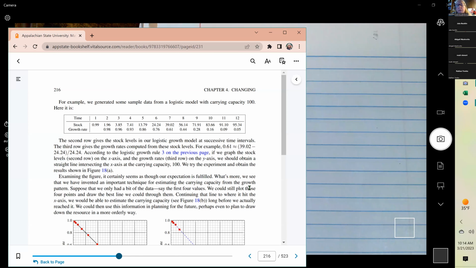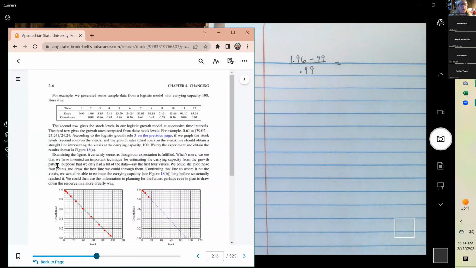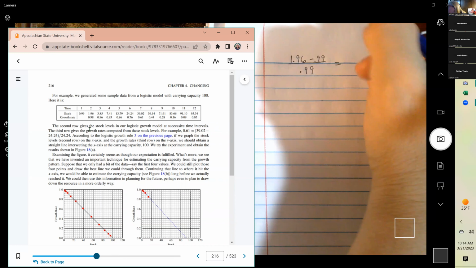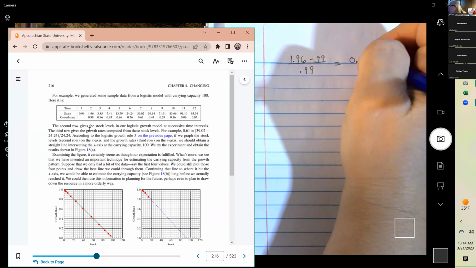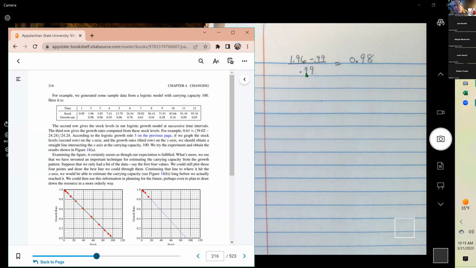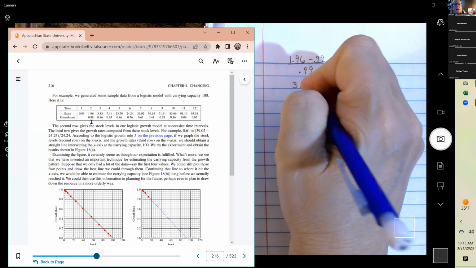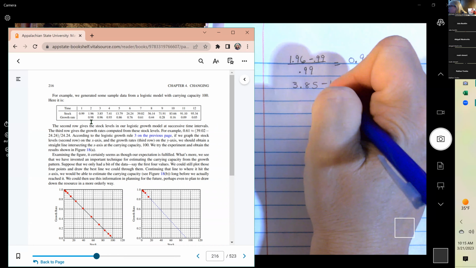That would get us the 0.98. But then for the next one, instead of using the beginning amount, they want to find how much it grew from 2 to 3, so 3.85 minus 1.96.